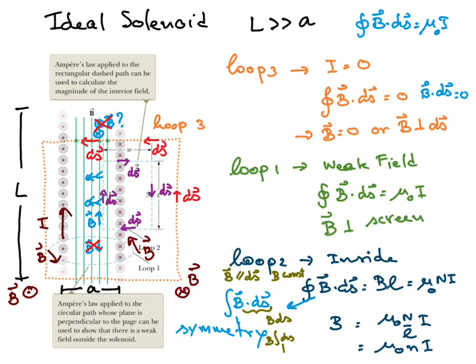Now, what is this N? N is the number of the current that is passing through this surface.